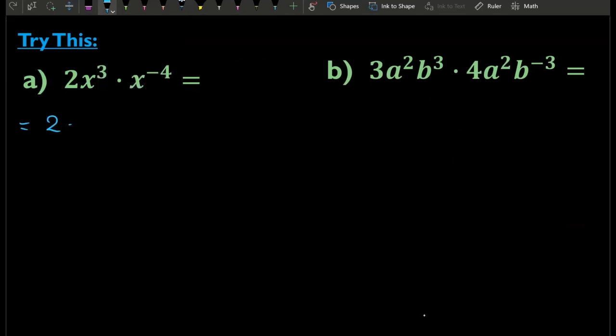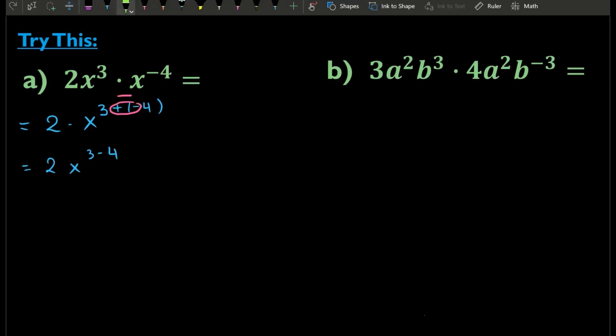2 times x to the 3rd power times x to the -4. All we did is add the powers because of the multiplication. When we have positive and negative together, we combine them: 3 plus -4 is 3 minus 4.